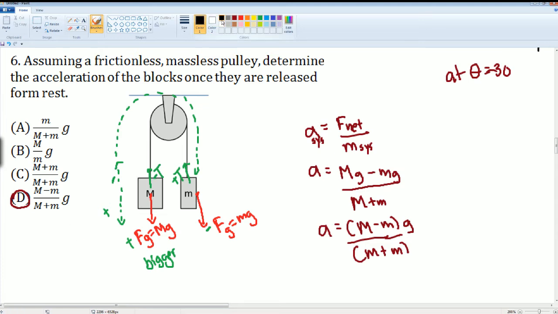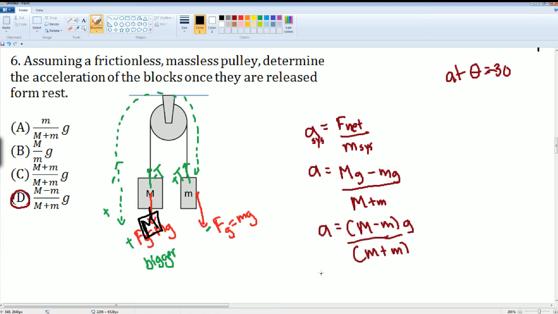I'm going to throw something in here just for a little detail. Let's say they threw in an extra mass here. Let's call this M, like we add another mass here.